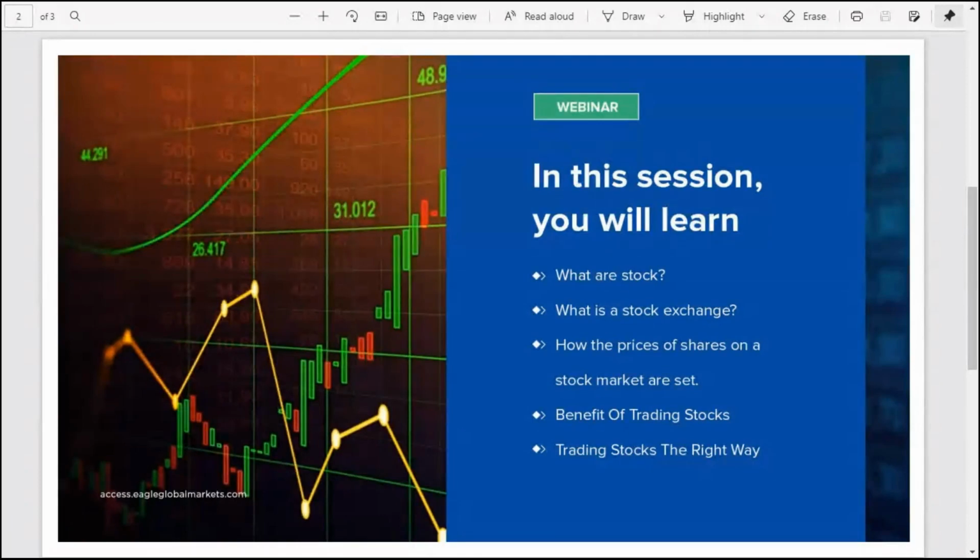These stocks are publicly traded, and when they are publicly traded, it means anybody can invest in them. Imagine a whale comes and invests in Apple stocks or AMC or Tesla. You know what would happen to the price? The price would go up higher and you'll make a lot of money.